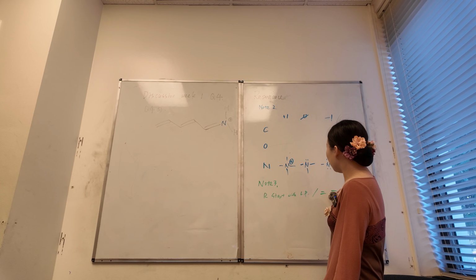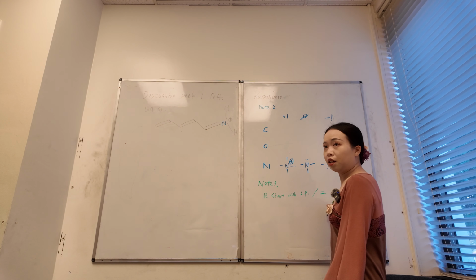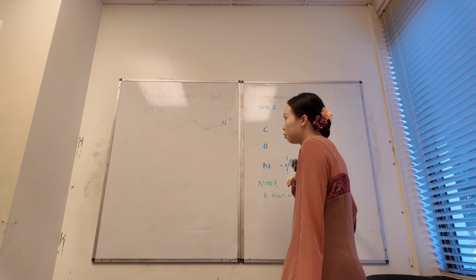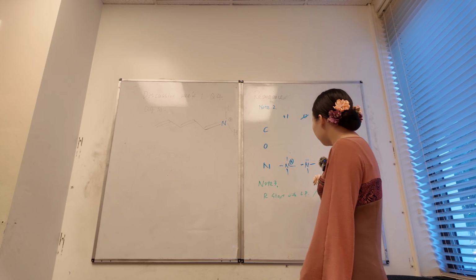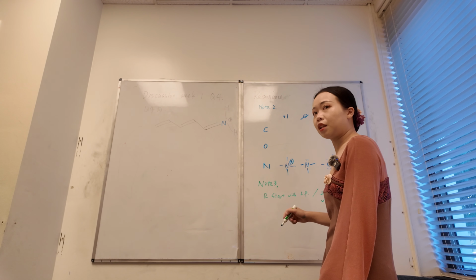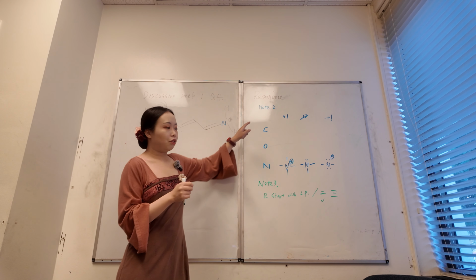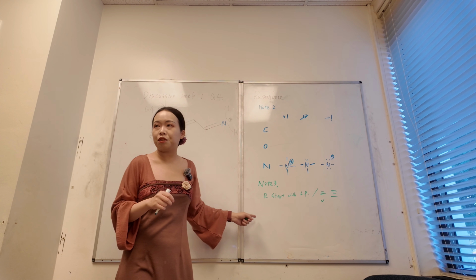I'll just write double bond, triple bond. Are we good with this? That's where you should start to draw a resonance structure. In our case here, we have a double bond. If you don't know where that is, the chart is on note 2. How to draw resonance is on the bottom front page of note 3.